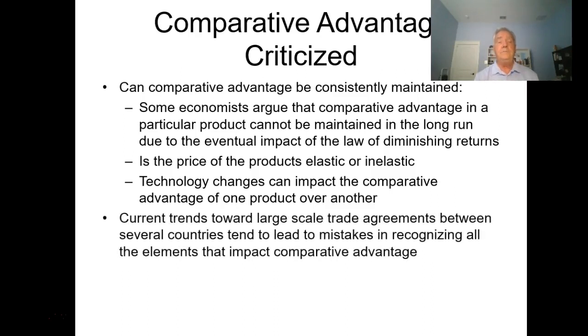All right, current trends toward large-scale trade agreements between countries tend to make mistakes. For instance, the Trans-Pacific Partnership had multiple countries in the Pacific Rim, with the exclusion of China, and it was between us and them. Now, can you realistically say that we can put together a trade agreement and everybody's comparative advantage is taken care of in that agreement?